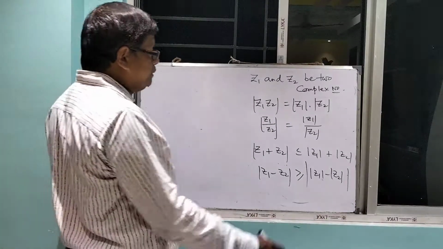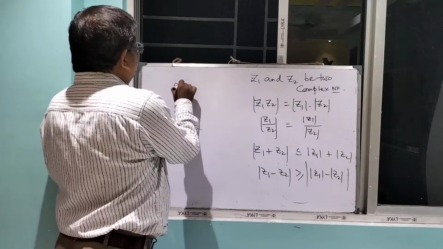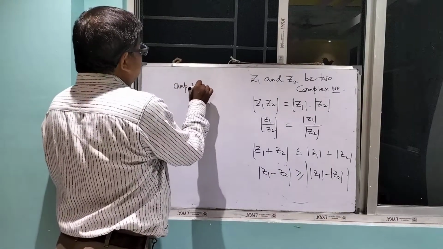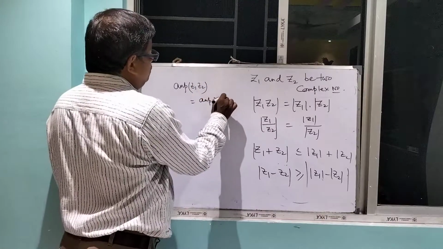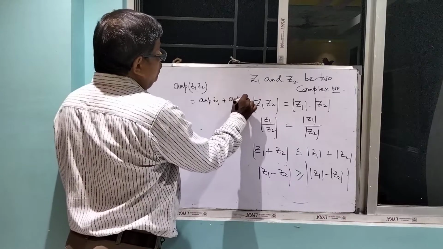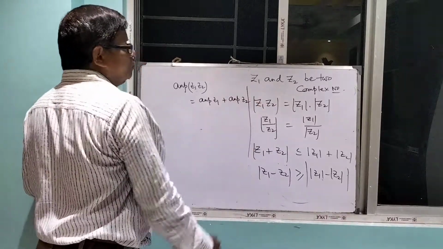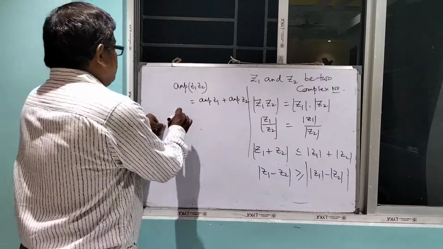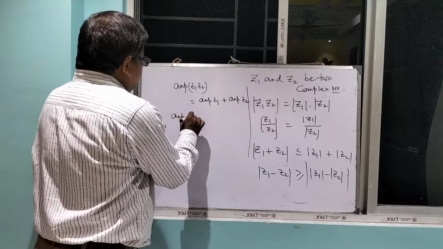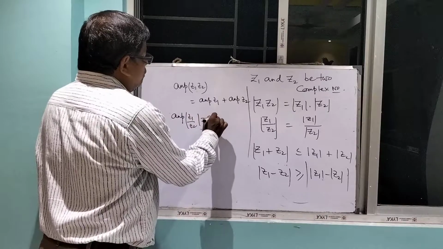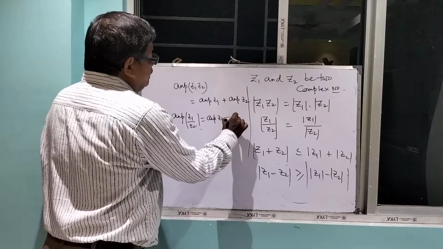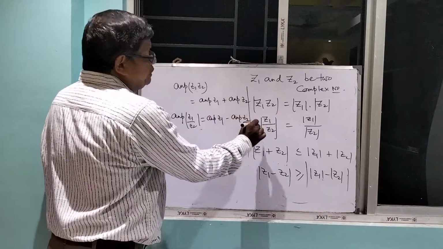In a similar way, amplitude of Z1 Z2 is always equal to amplitude of Z1 plus amplitude of Z2, and amplitude of Z1 by Z2 you can write as amplitude of Z1 minus amplitude of Z2.